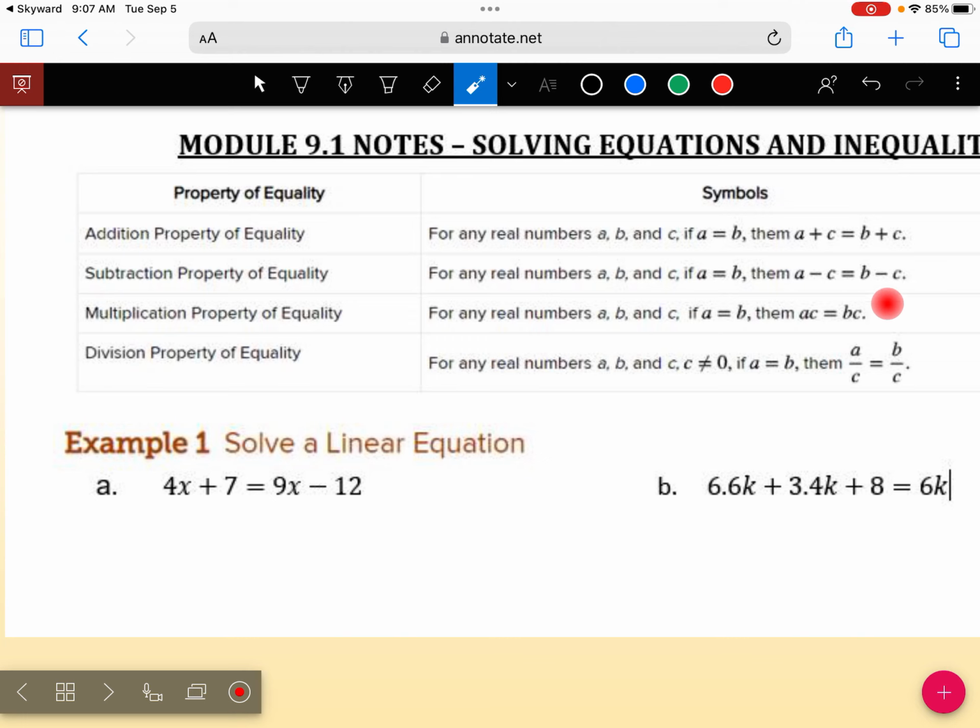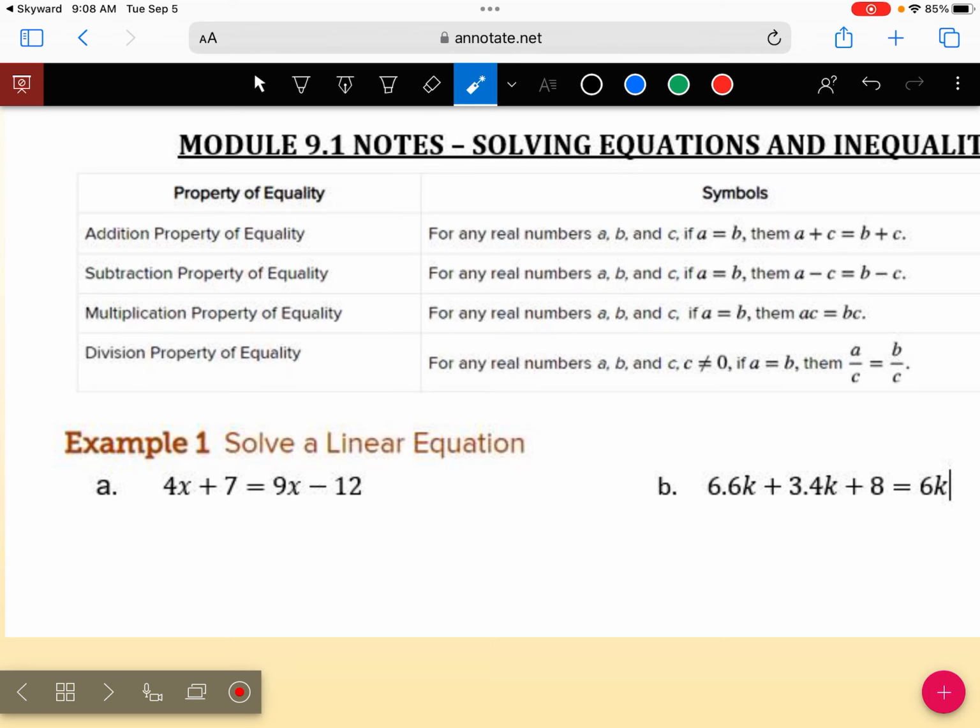If I subtract the number from both sides, my equation is equal. When I multiply both sides by the same number, my equation is equal. And if I divide both sides of an equation by the same number, it is equal. As long as what I do to the left, I do to the right, it's still an equal equation.